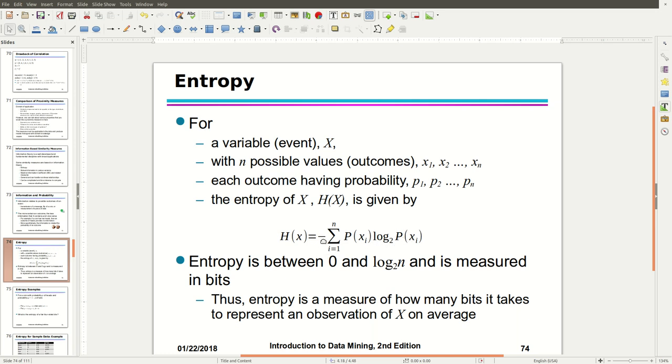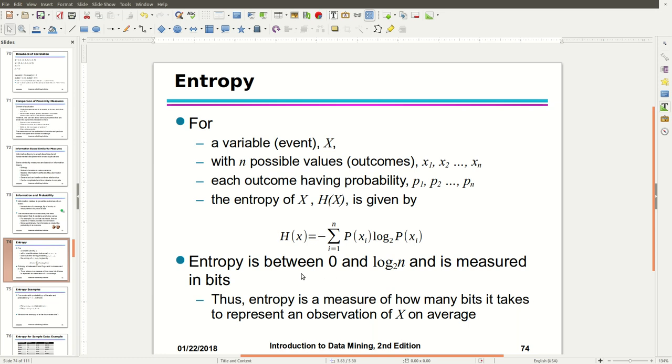The reason it is minus is because log 2 p(xi) is going to be a negative value, so we will take the positive of it, because probability, as you know, is less than 1, so it will be 1 over some number, which will be a negative log value.